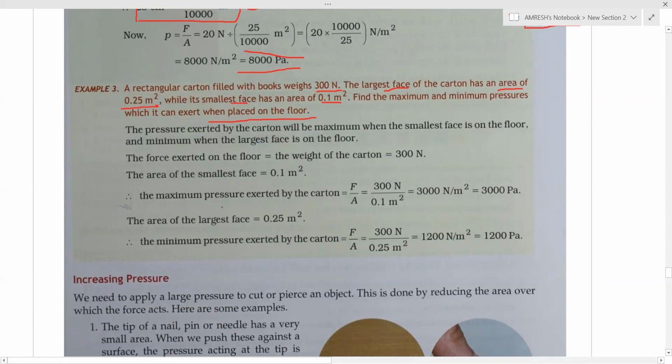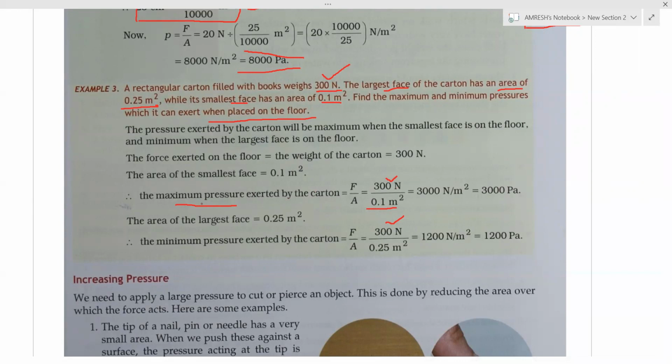For maximum pressure, we take force 300 Newton. Force will be the same in both cases, but the area you have to change. For maximum pressure, one minute. For maximum pressure, you have to take the smallest face.